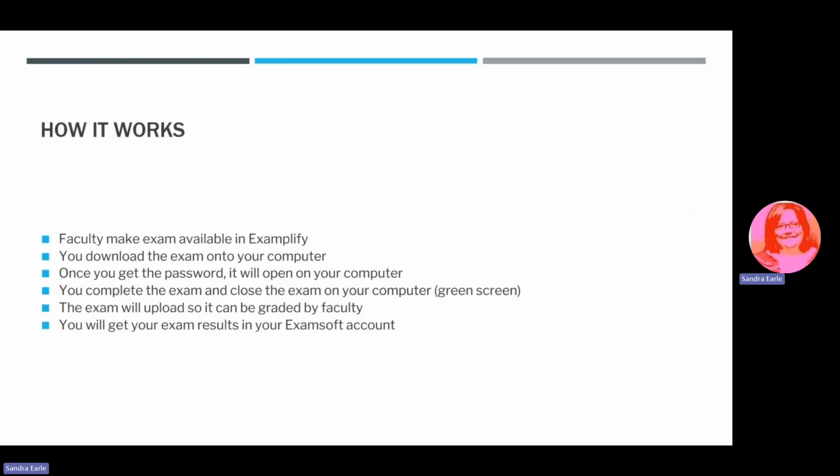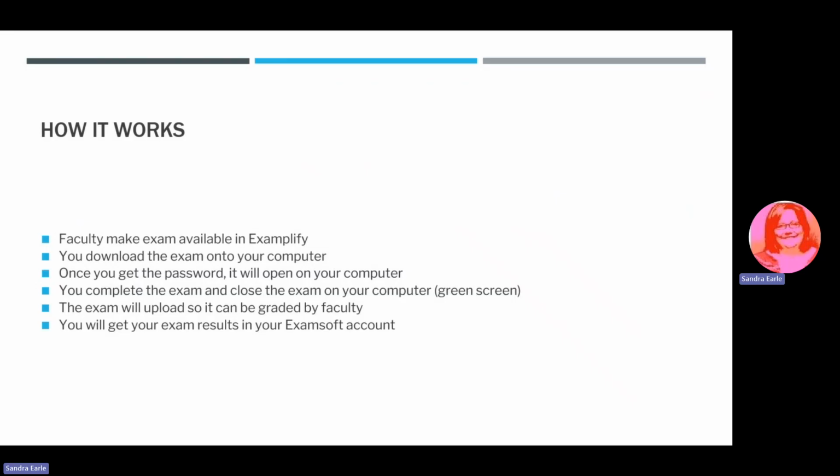You'll download the exam onto your computer, and it'll stay there nice and secure until you get the password to open it. You'll get the password either from your instructor in the classroom if you're a campus student, but if you're taking the class remotely, you'll get that password from your live proctor. That will then open the exam in Examplify so you can take it.